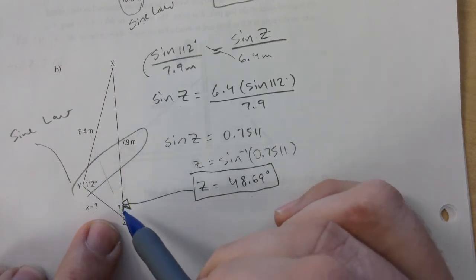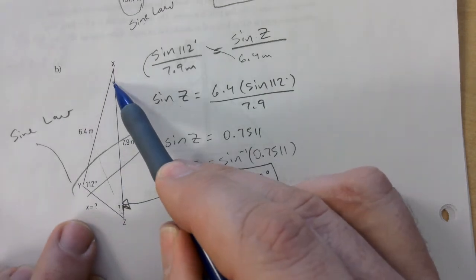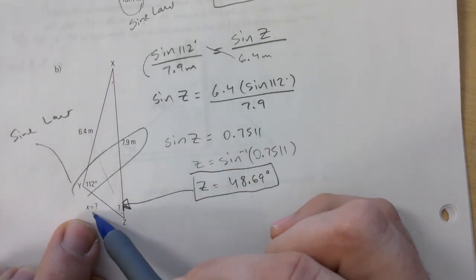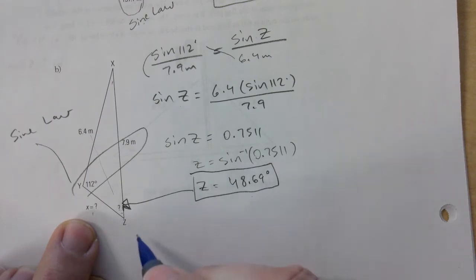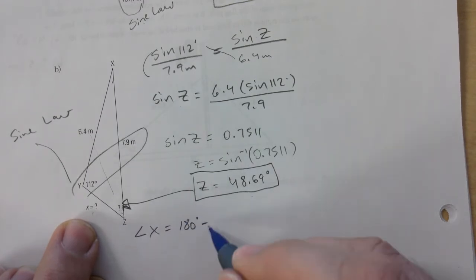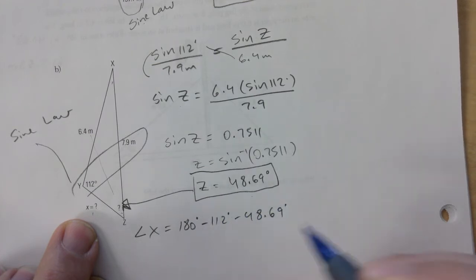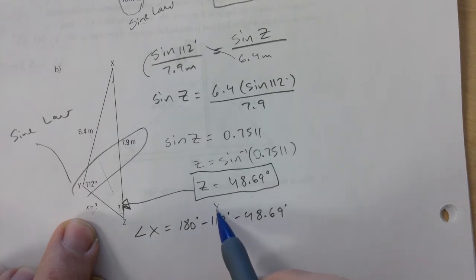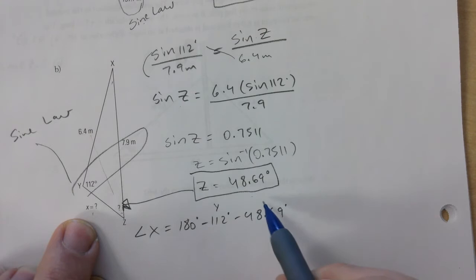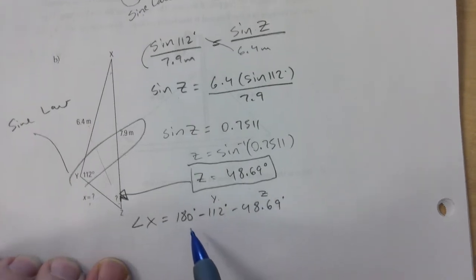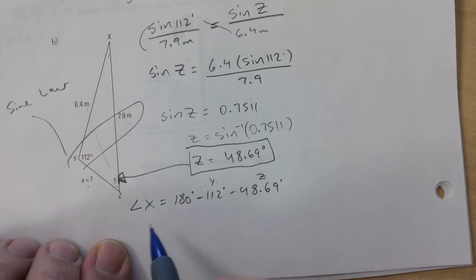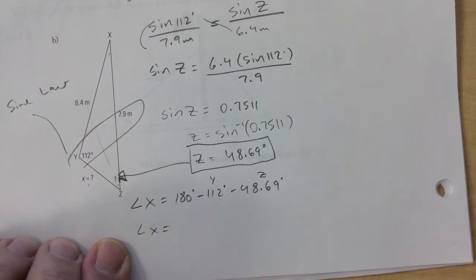And now you can find angle X to find side X. Okay, angle X is going to be 180 minus 112 minus 48.69. Right, so this is angle Y. Let's put that Y just above it, and let's put the Z just above it so you know you're subtracting the other two angles from 180 to get X. Okay.